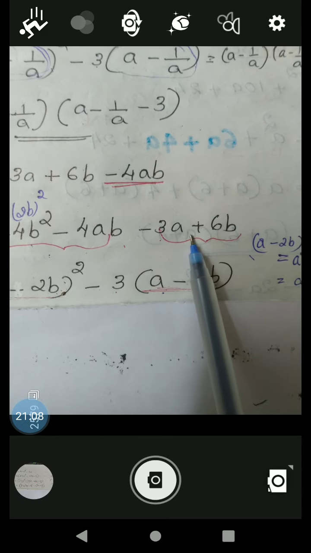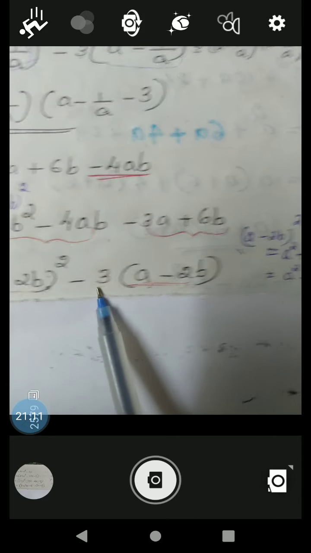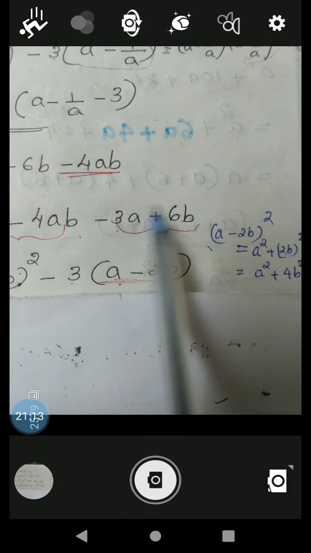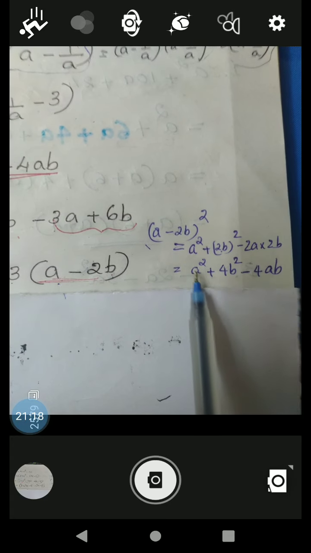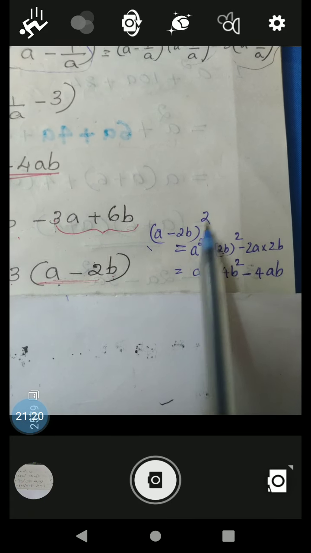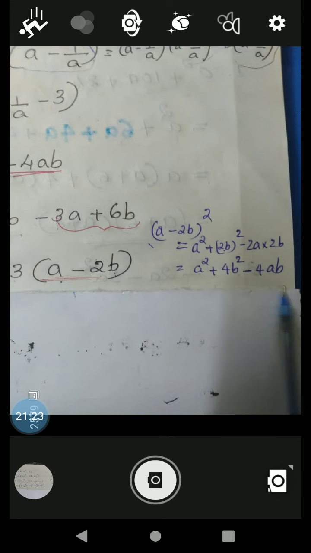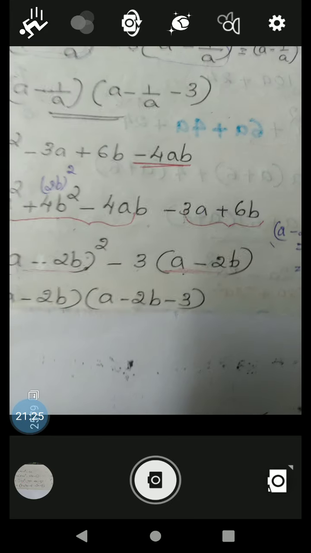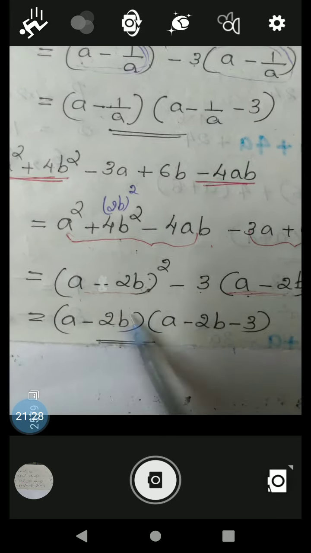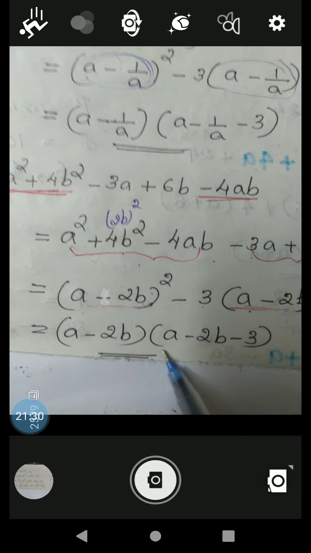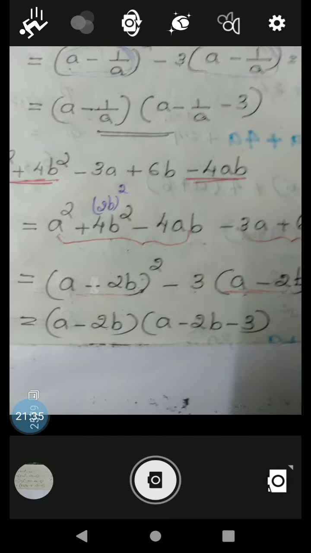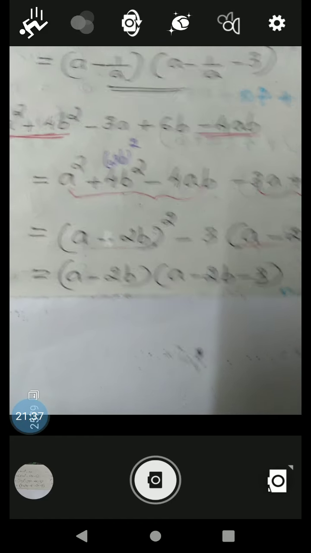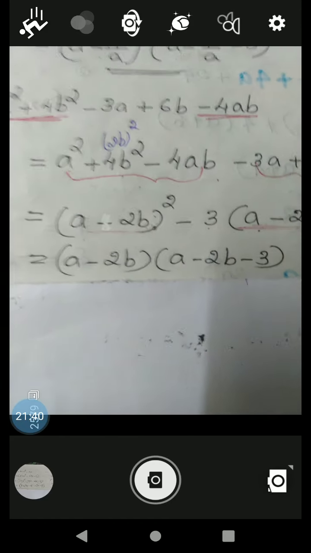If we take minus 3 outside from the other terms, we get a minus 2b here also. Using the identity for a minus b the whole square, we will get this result. Now take a minus 2b outside, and one a minus 2b is remaining here. A minus 2b into a minus 2b minus 3.